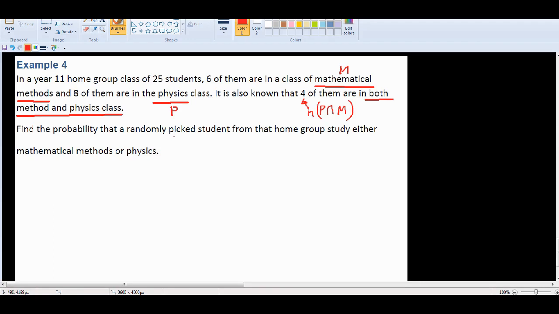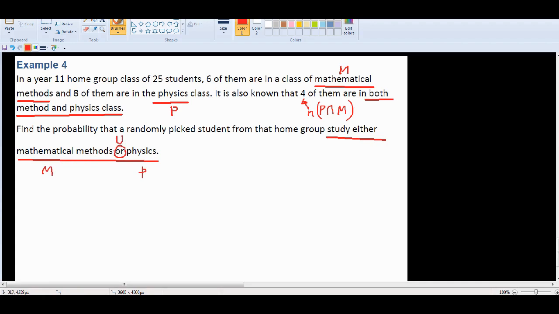There are 4 of them, and you are going to find the probability that a randomly picked student from that home group studies either mathematical methods or physics. So it's again math, physics, but this time "or". So "or" means union.